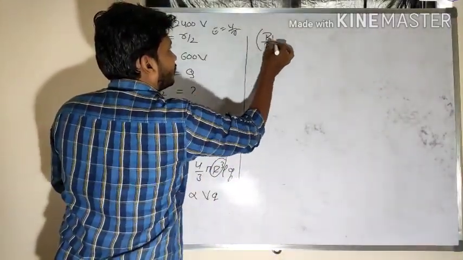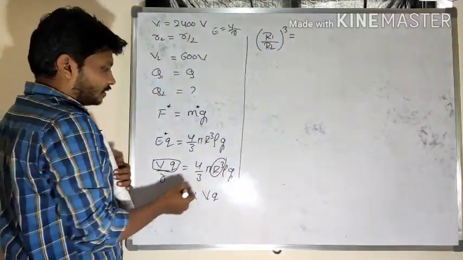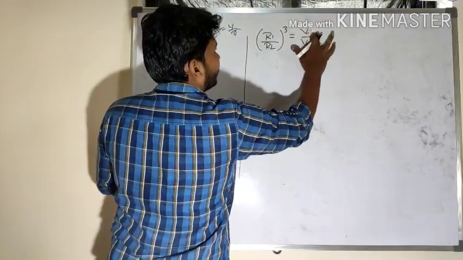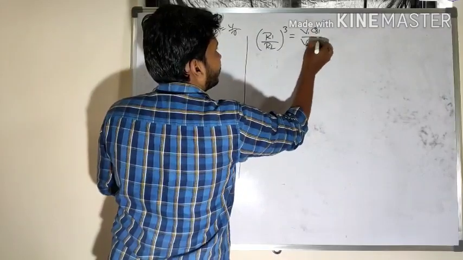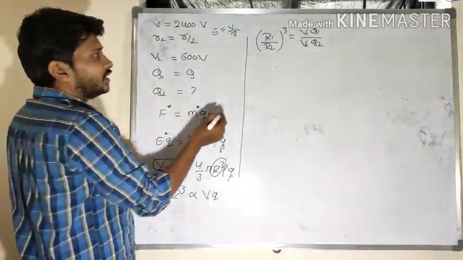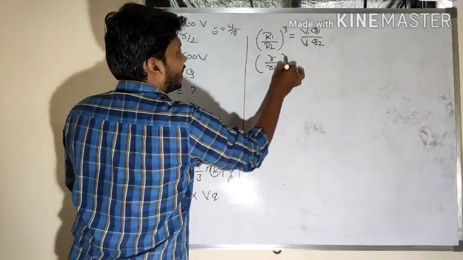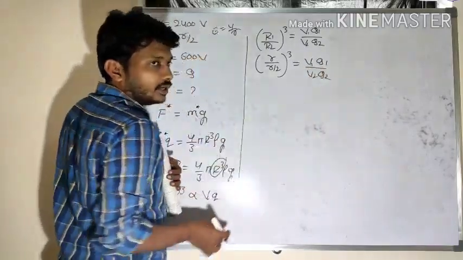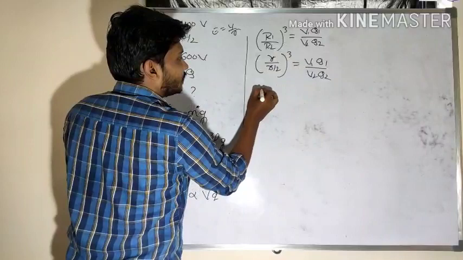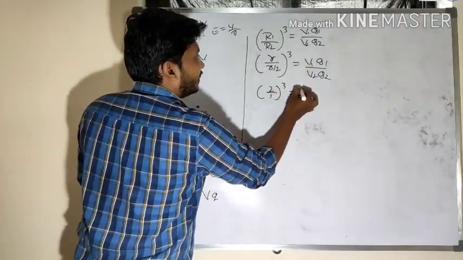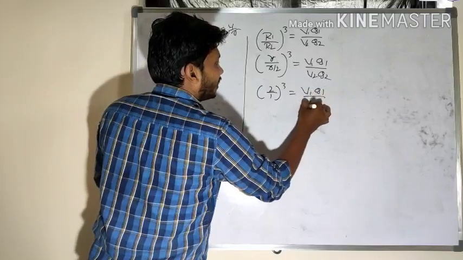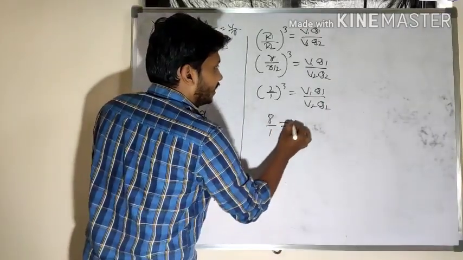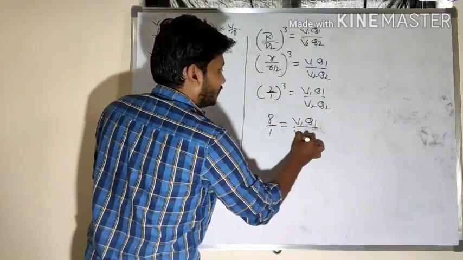R1 by R2 whole cube is equal to V1 into Q1 divided by V2 into Q2.